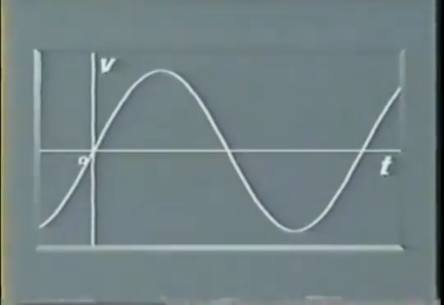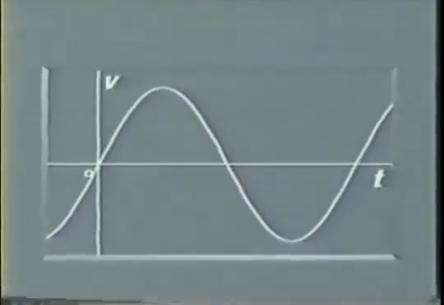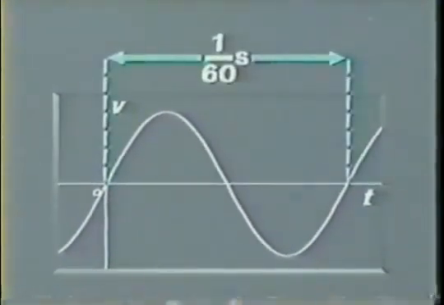A sinusoidal wave illustrates why we call the electricity in our homes alternating current. The voltage alternates between positive and negative values. The actual time it takes for one complete cycle is 1/60th of a second. This means there are 60 cycles every second.